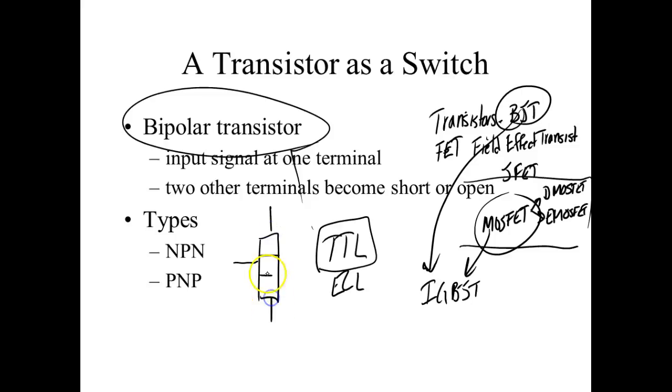And it shouldn't. Now an NPN looks like this. And this is the predominant transistor that's used in bipolar, in TTL, so we'll spend a lot of time with this guy.